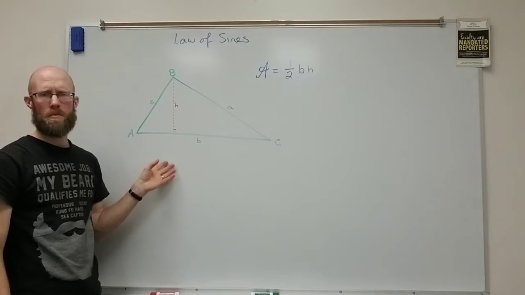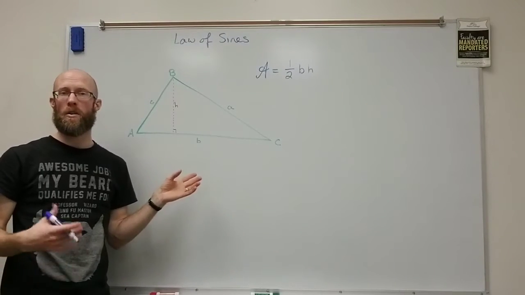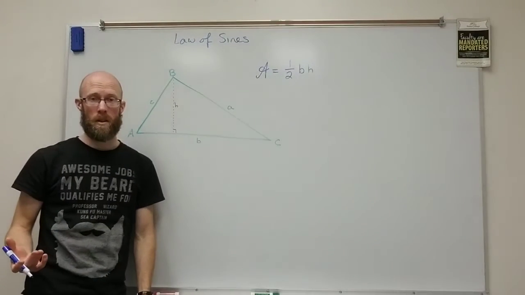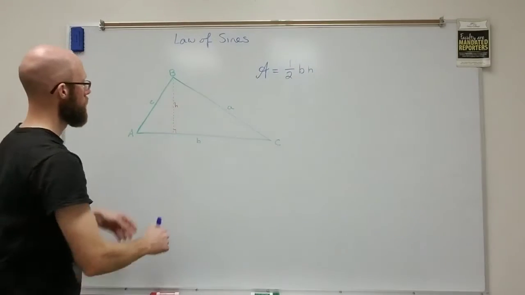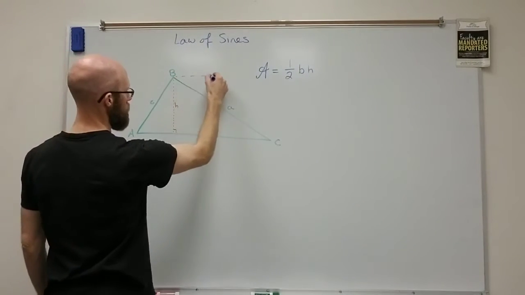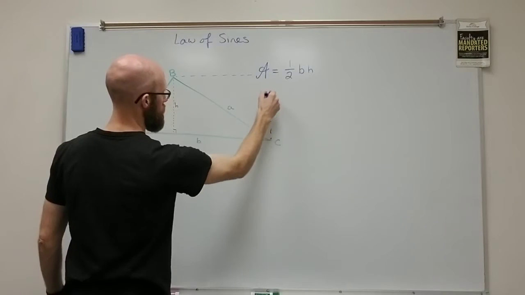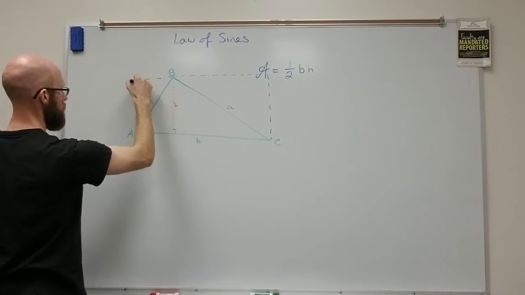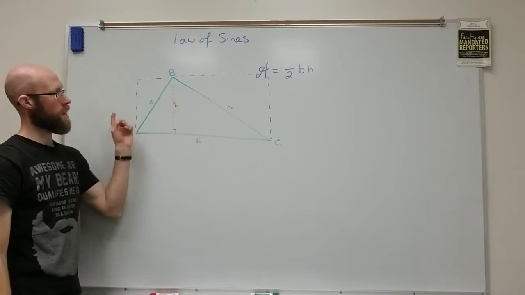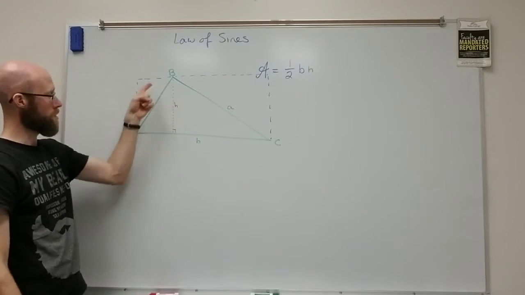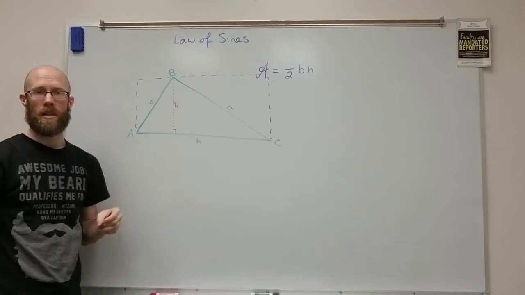And of course, that comes from the area formula for a rectangle. If you think about filling in a rectangle around this triangle here, then the area of that rectangle is the base times the height, length times width.